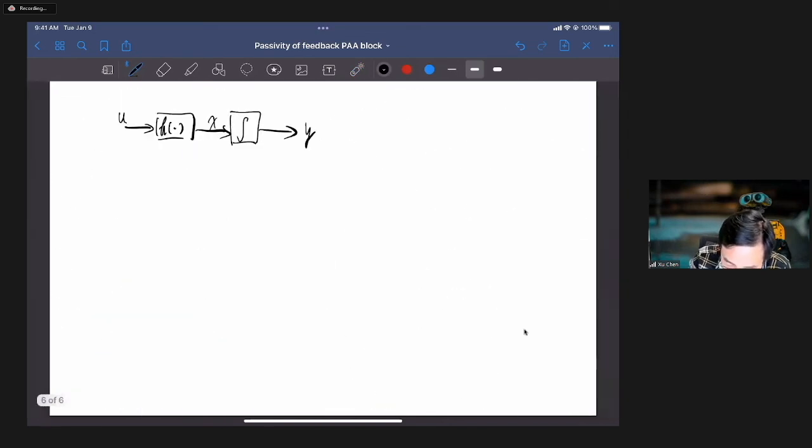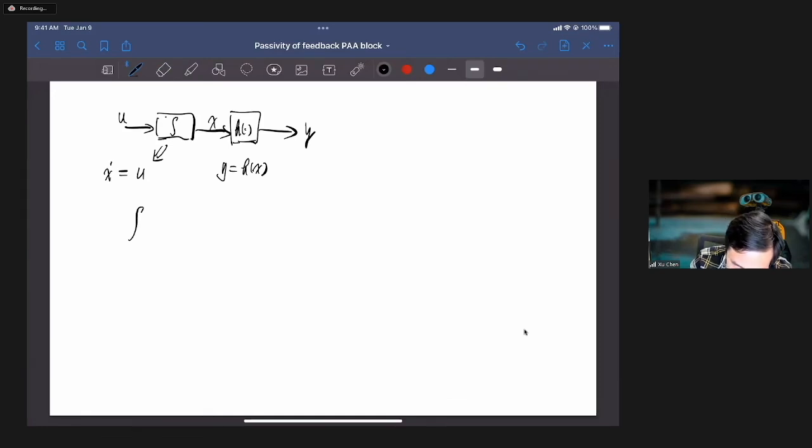I integrate first, then do the sector nonlinearity. So for this one, we know that u integrated becomes x, so x dot is u. And then for here, y equals h of x.